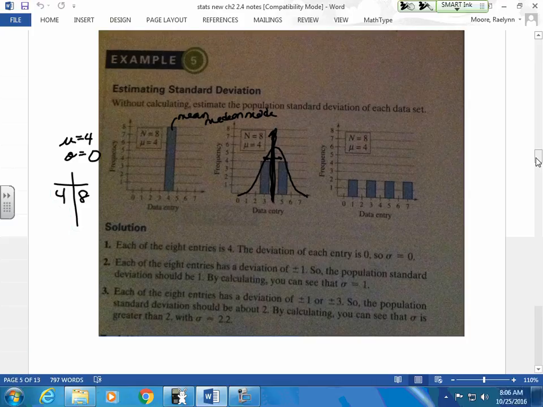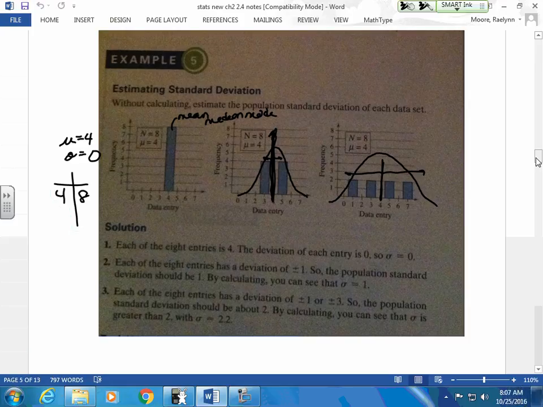As opposed to this guy, here's my mean here. Look where my data went. All the way here, all the way here. Which standard deviation should be larger, this first one or the second one? The second one, because isn't this more spread out? If I try to draw my normal curve, look how spread out my data is.